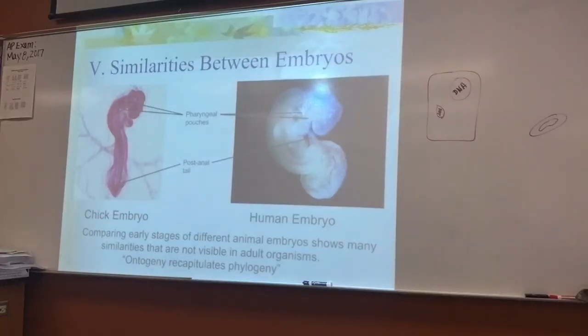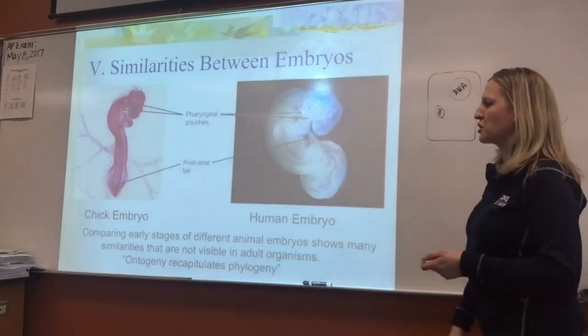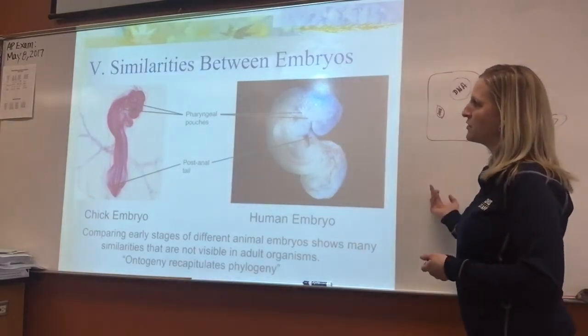Another piece of evidence for evolution is similarities between embryos. Looking at adults of organisms, you can see physical characteristics that are similar or dissimilar. But looking at various stages of life, we can also show similarities that we don't see in other stages of life.